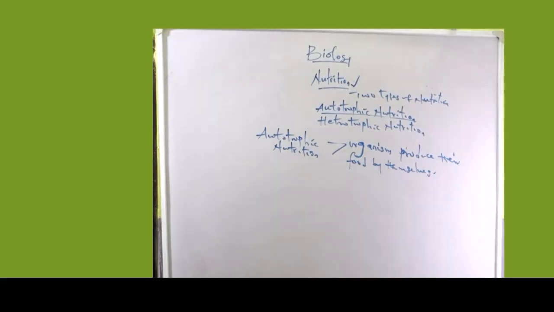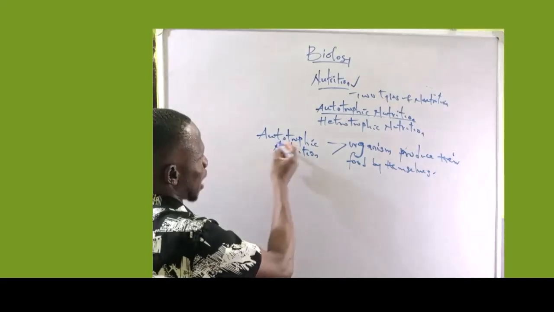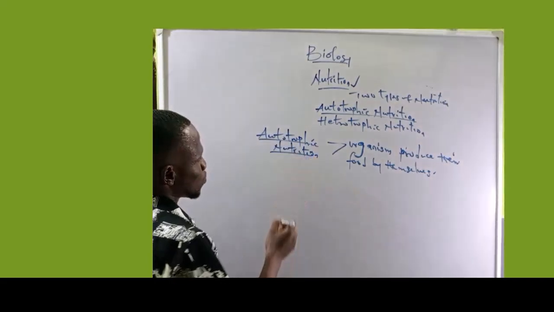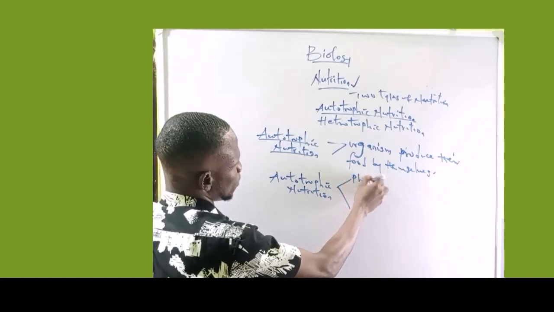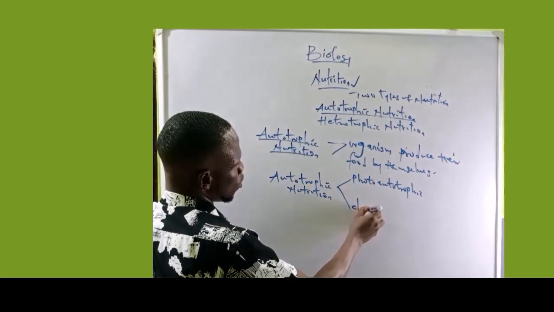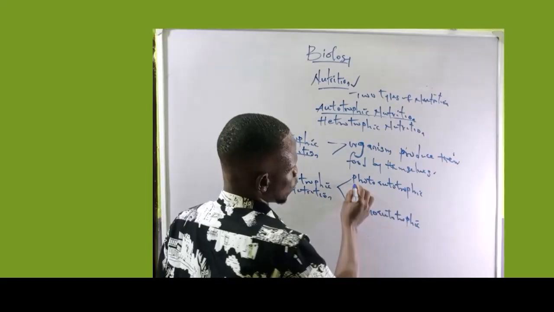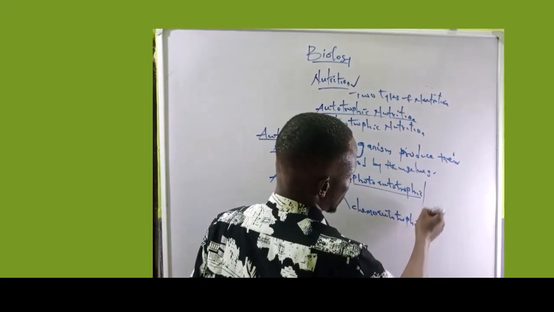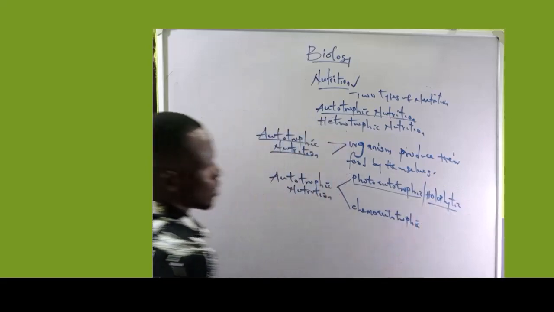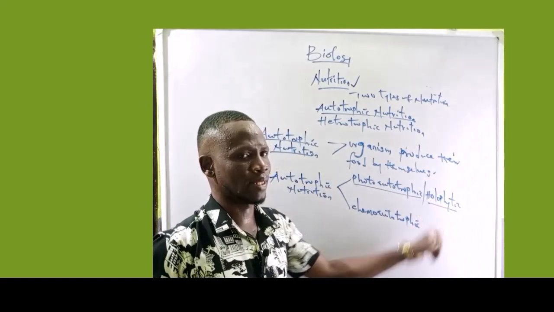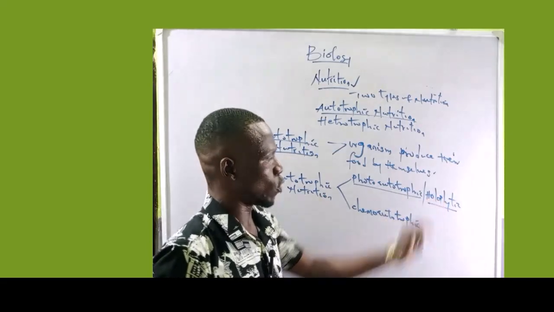What are the two types of autotrophic nutrition? Autotrophic nutrition can be photoautotrophic or chemoautotrophic. Photoautotrophic nutrition is often referred to as the holophytic mode of nutrition; if it takes place in plants, we call it holophytic.